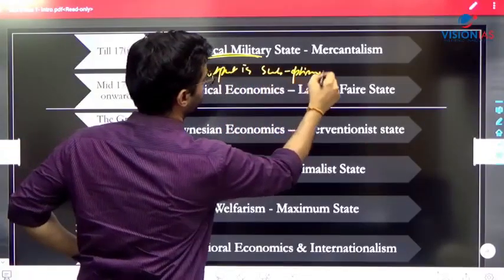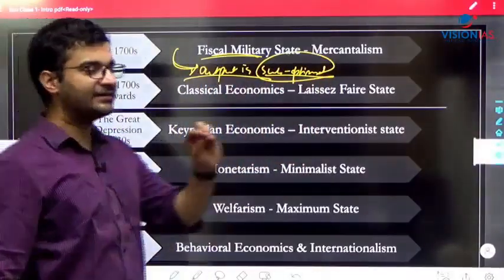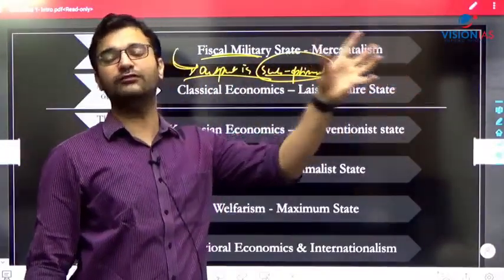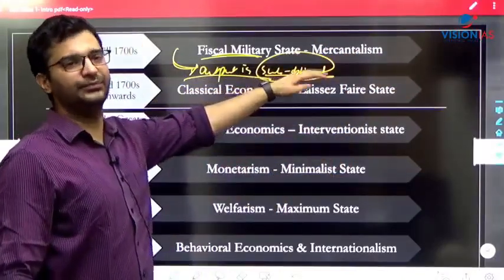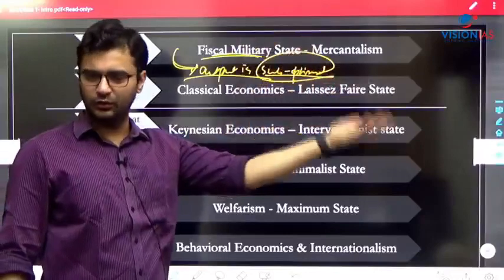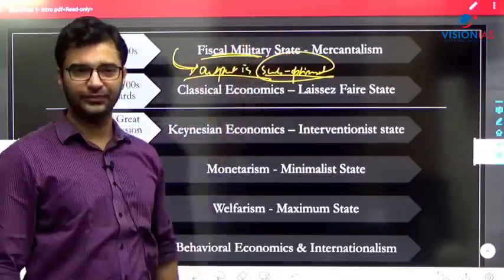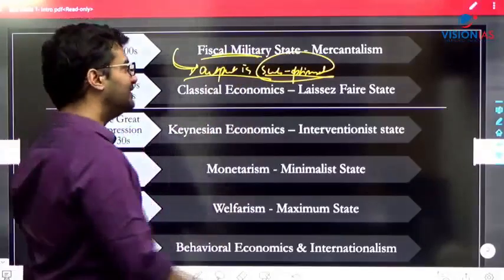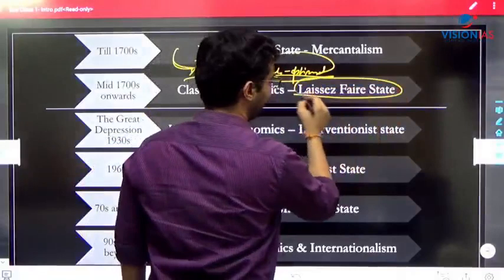When there is an external policy that guides the decision of how resources would be utilized, the output is suboptimal. Adam Smith argued through his writings that output would be suboptimal if there is state intervention. Therefore, he said, rather than state intervention, there would be a laissez-faire state.